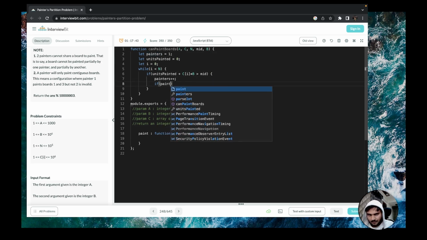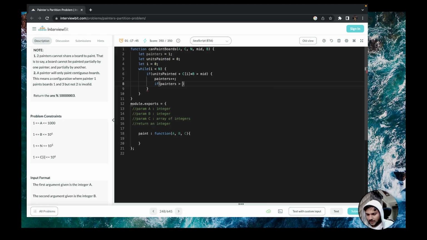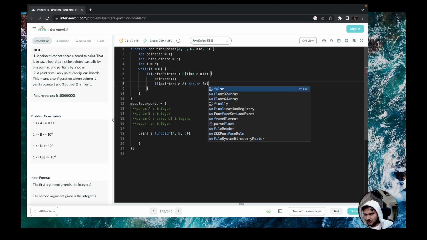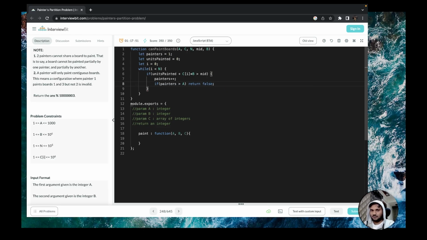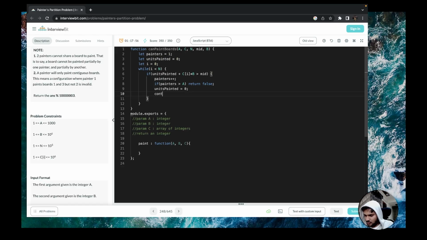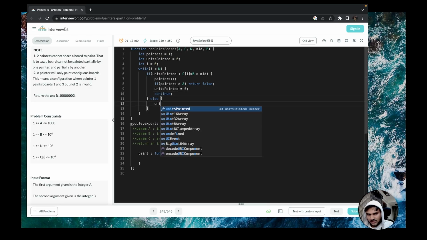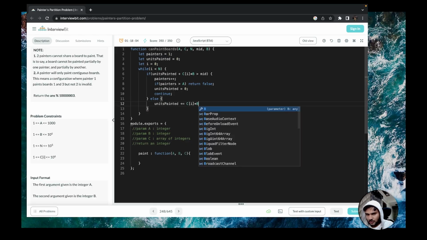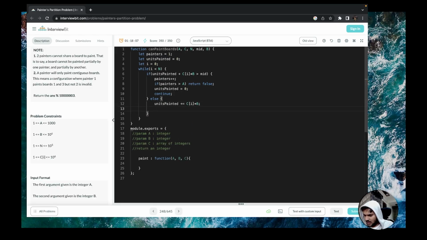If painters count becomes greater than A, you return false, because now you need more painters and you don't have that many painters. Otherwise, you say units painted is equal to 0 and you do continue. Else, you will say units painted plus equals C of i into B, i plus plus.